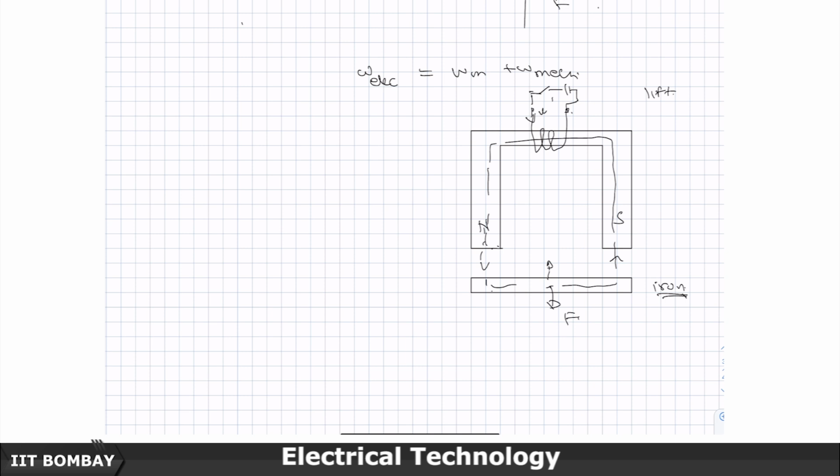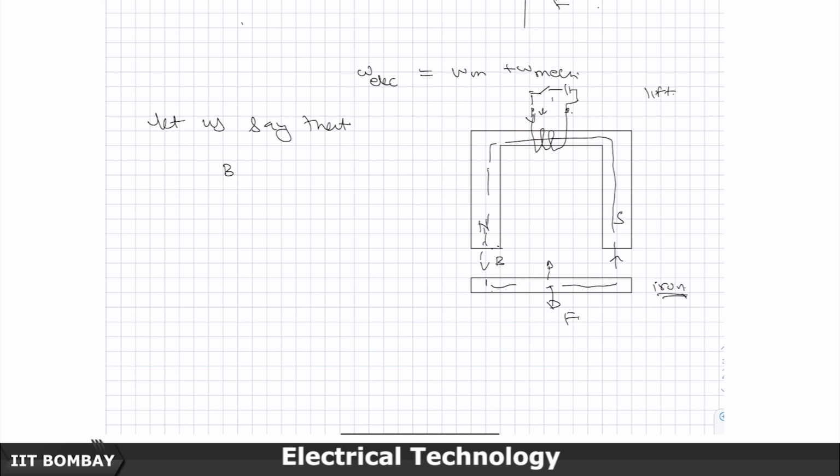Then this magnet will pull this and drive it towards this. So, let us say that B is the flux density in the air gap.